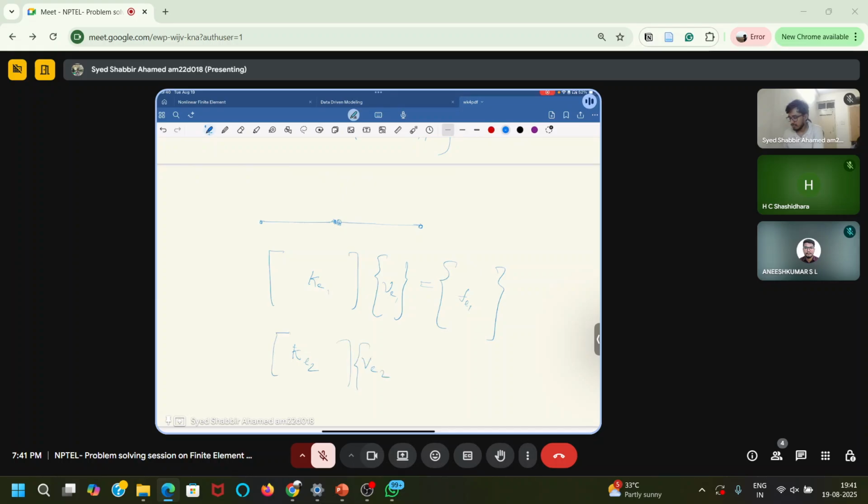We will get a system of equations for each element, and we will combine them.